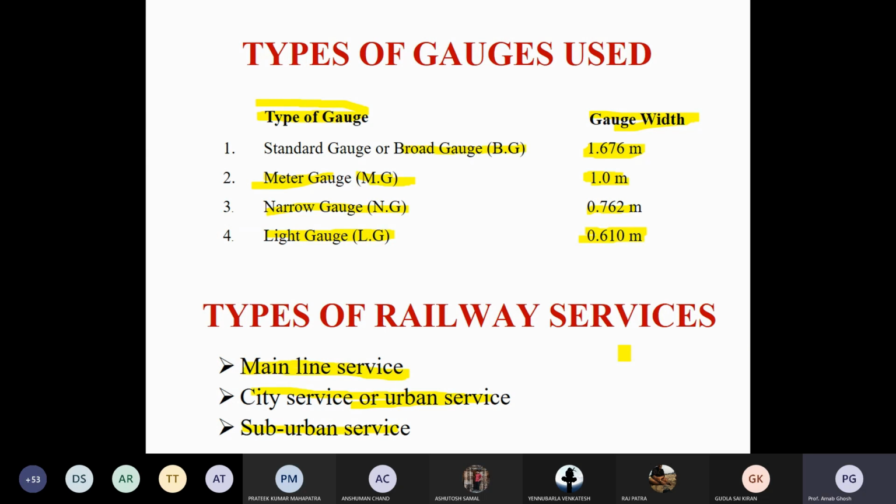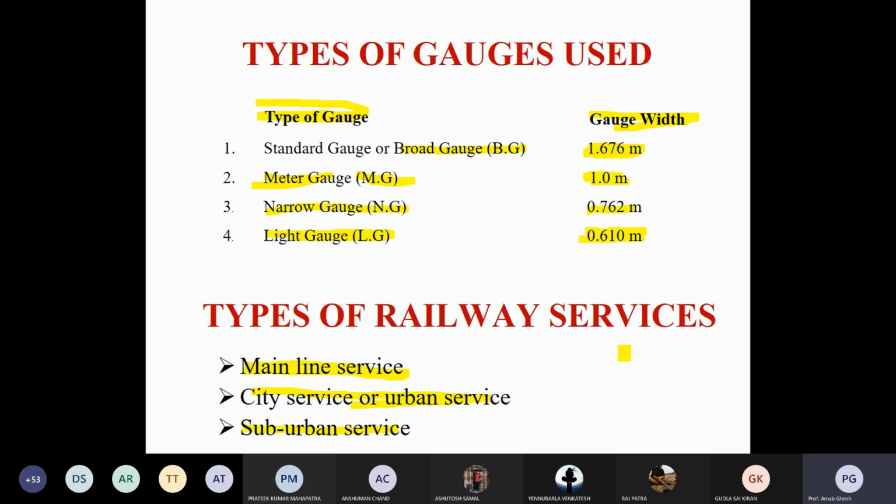City service and urban service means between two cities or towns whose difference is about 5 kilometers, maybe between one city and one town, or between two towns at 10 kilometers. The last one is suburban.